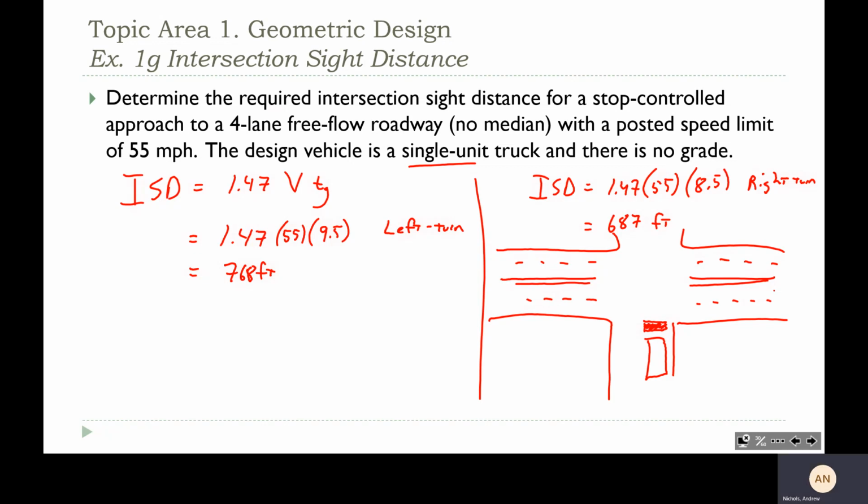Would I draw the 768 feet, would it be the blue or would it be the green? And I didn't even draw it correctly because it's supposed to go to here. Is the 768 the blue or the green?